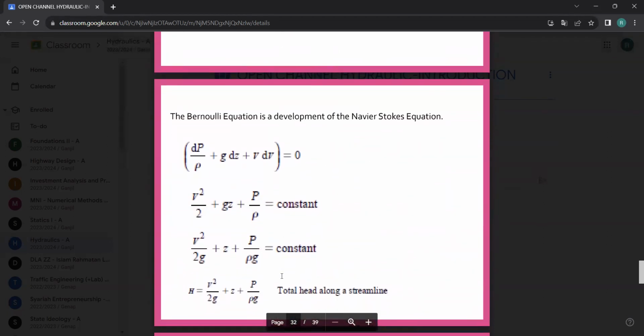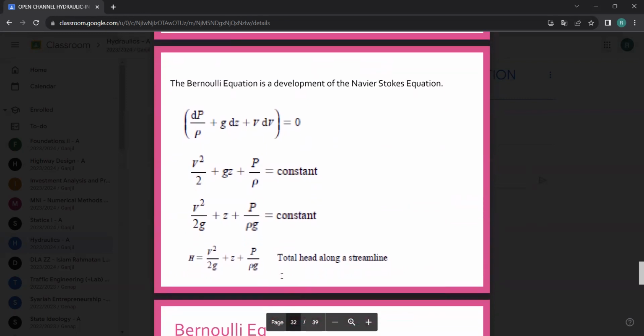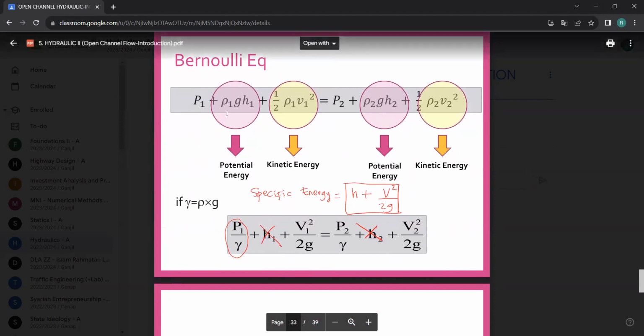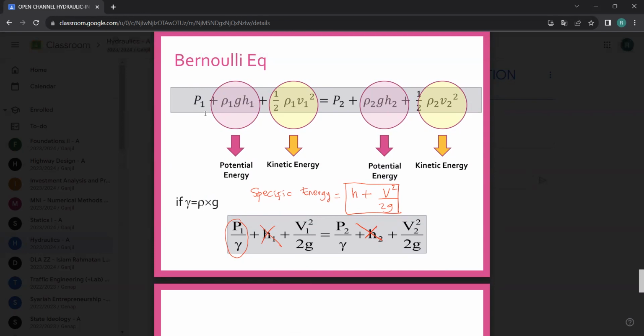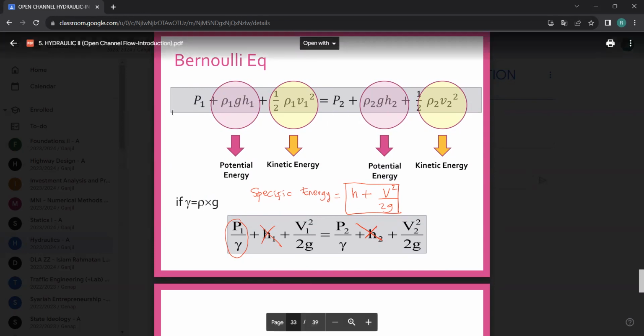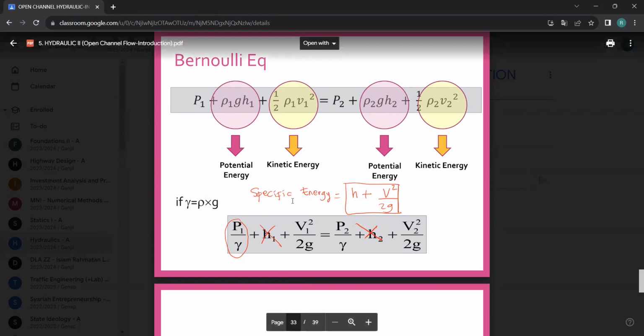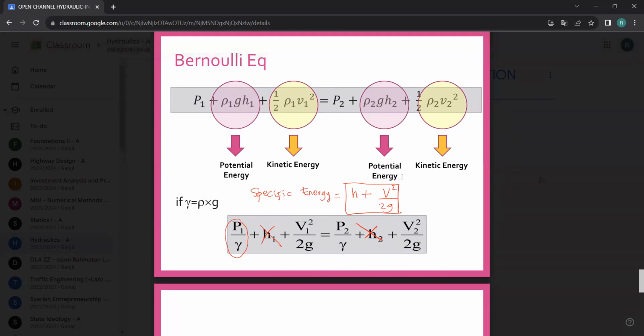So this is the Bernoulli equation. This is the pressure for the first pipe, and this is the second pipe. This is the potential energy formula. This is the kinetic energy formula, and this is the specific energy formula.